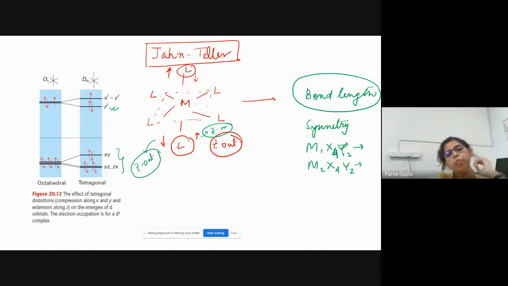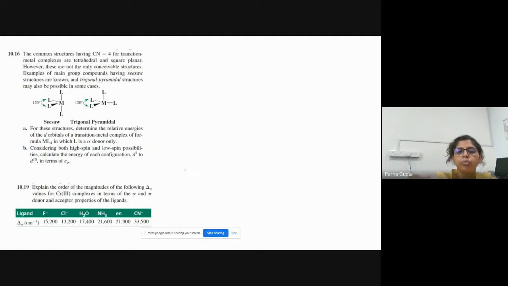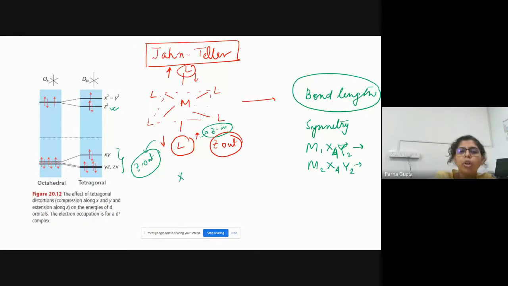Now here one point again. What you have to look at particularly is that the effect is true for T2g and Eg. But if you think of octahedral and tetrahedral, you can see that this is non-bonding, right?